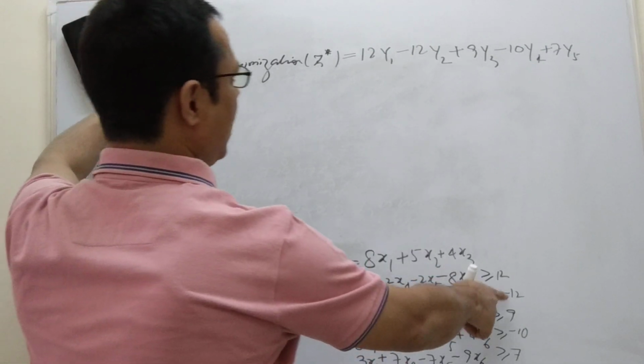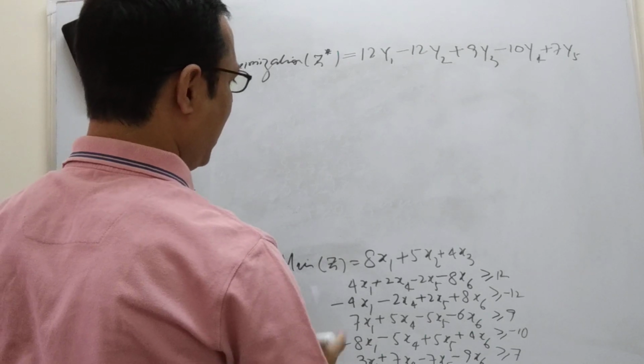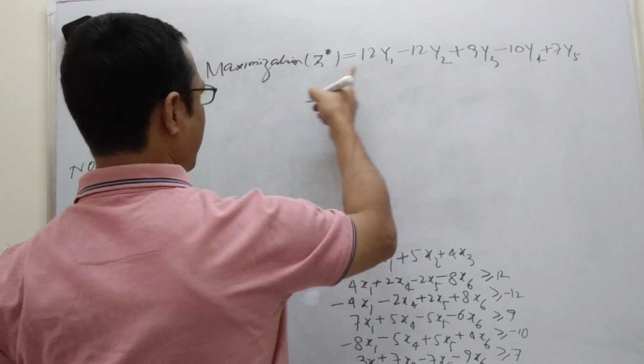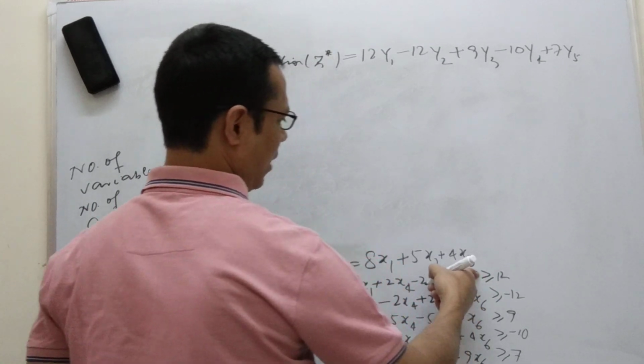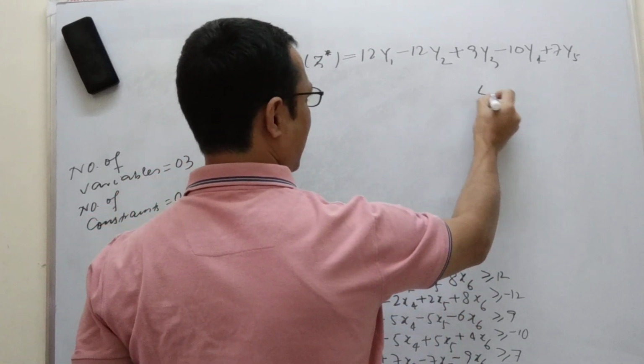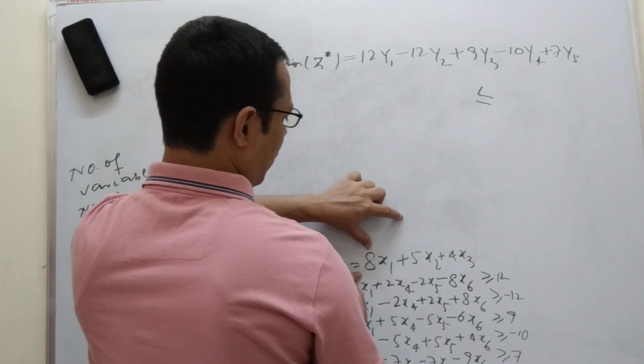Now all the right hand side constants have become the coefficients of the objective function, and the coefficients of the objective function will become the right hand side of the constraints, and the sign will get changed. So here the sign is greater than or equal to.